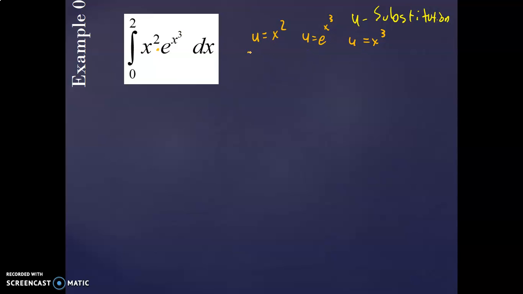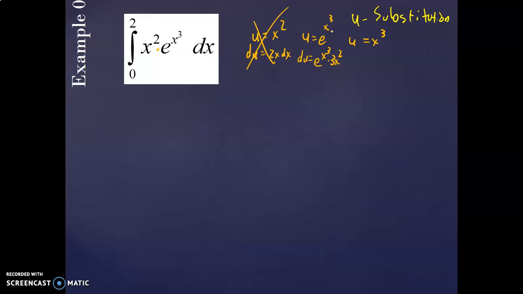So let's see what du would be in each of these cases. Here I'd have 2x dx. So I have an x and I have a dx, but it's x squared. So what happened to the e? That's probably not going to work. If u was e to the x cubed, then my du would be e to the x cubed times 3x squared, the derivative of x cubed being 3x squared.